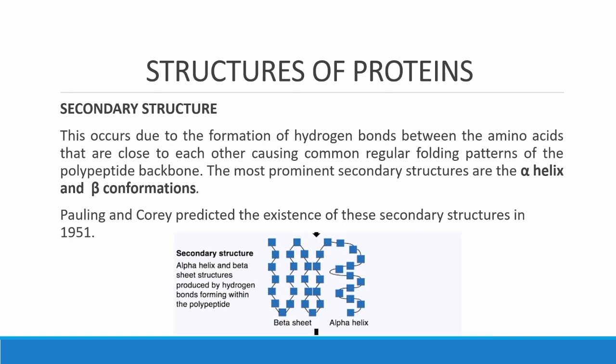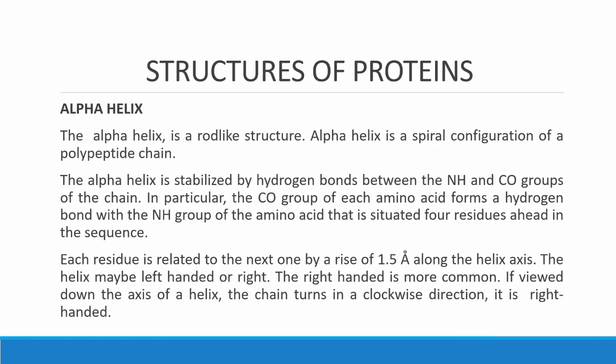Now, Pauling and Corey predicted the existence of this secondary structure back in 1951. The alpha helix is a rod-like structure that is formed as a result of hydrogen bonds between the amino acids present in the polypeptide chain. The hydrogen bond is formed between one amino acid in the chain and the fourth one after it.